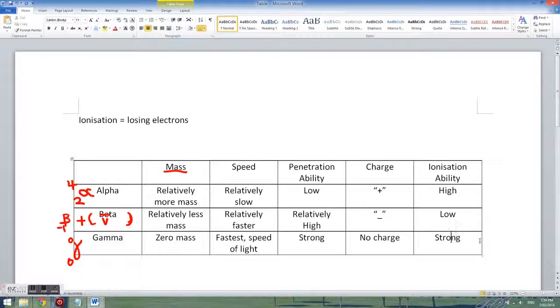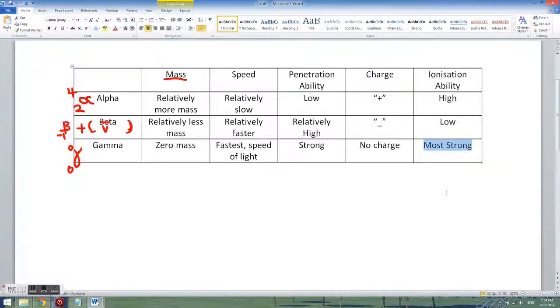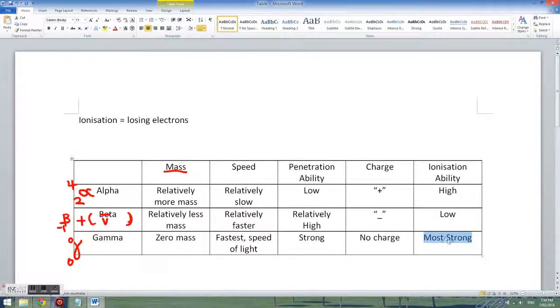Most strong. Why? You're going to learn that in year 12. I'm not discussing why. Just remember it for now. Your gamma rays are really strong in terms of ionization, in terms of taking others' electrons.